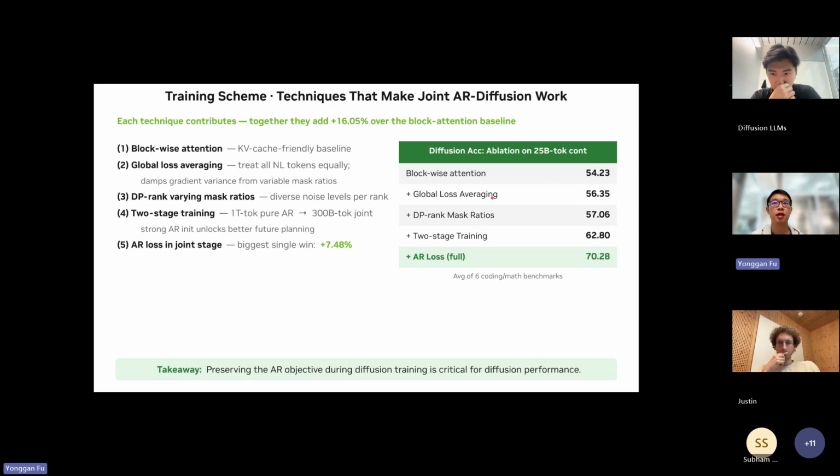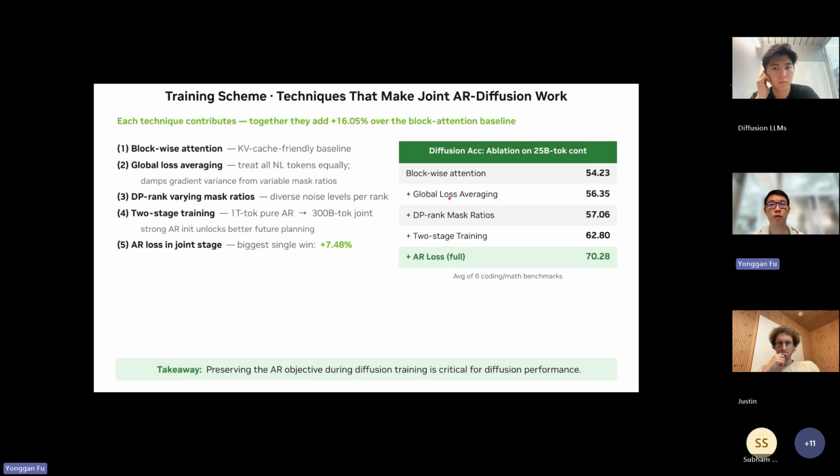In addition to the AR loss, we also progressively add other techniques here, like global loss averaging to treat all tokens equally across all samples in a batch. Compared to the vanilla baseline, this is like the difference between the DAPO method and the vanilla GRPO in the GRPO domain. The global loss averaging is similar to the difference there.